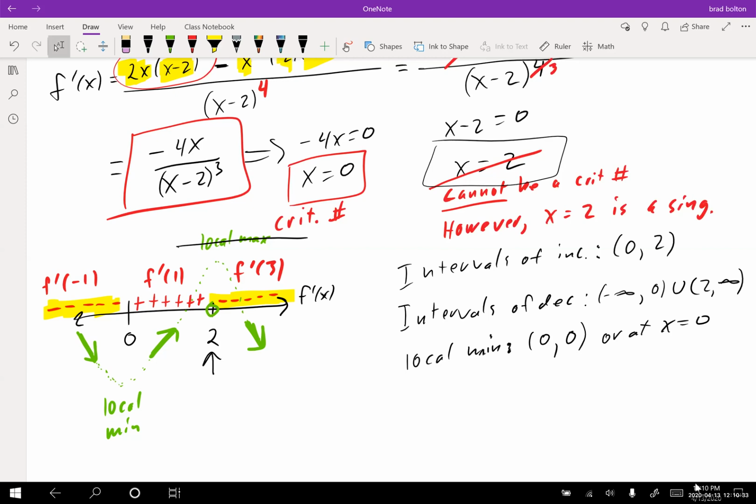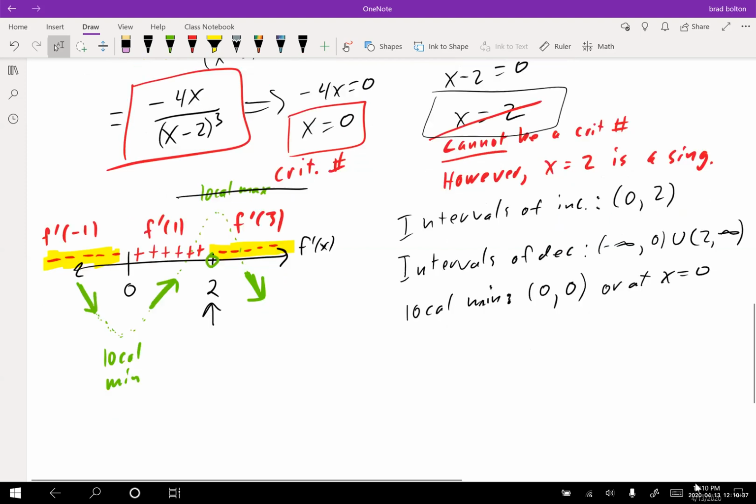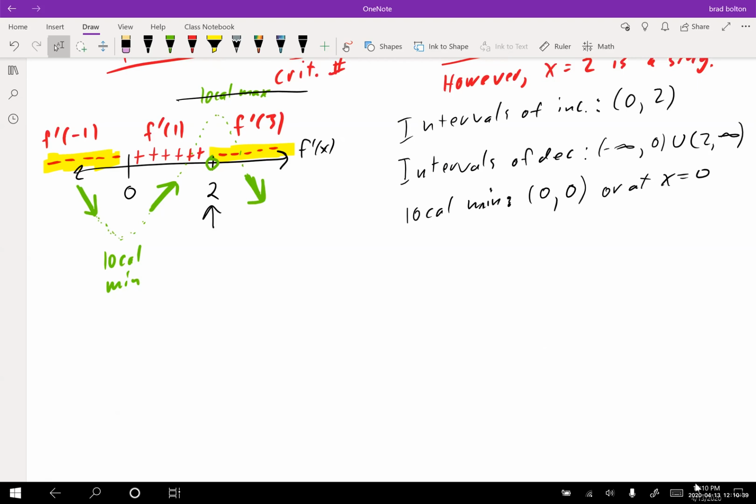And you should expect to see something like this on the exam and in your homework. So let's move on. We found our intervals of increasing and decreasing. We found our local min, and we discovered no local max. Okay, so we figured all that out. Let's move on.